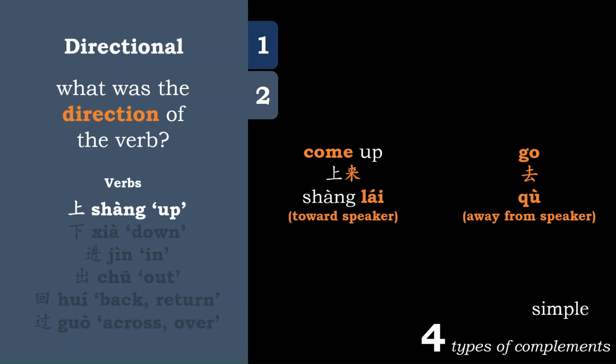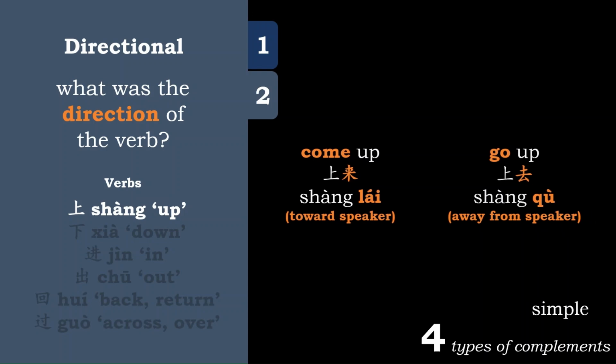So, 上来, come up, move upwards toward the speaker. With that in mind, how would we say go up? 上去. So, 上来, come up, move in an upward direction toward the speaker. 上去, go up, move in an upward direction away from the speaker.